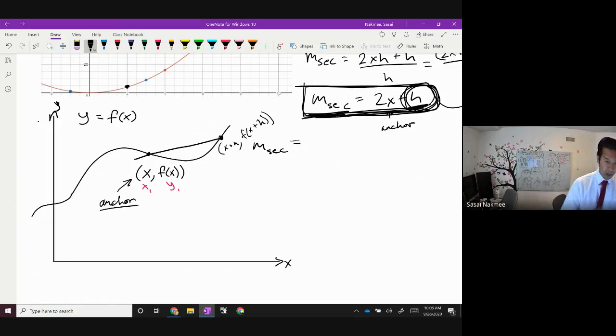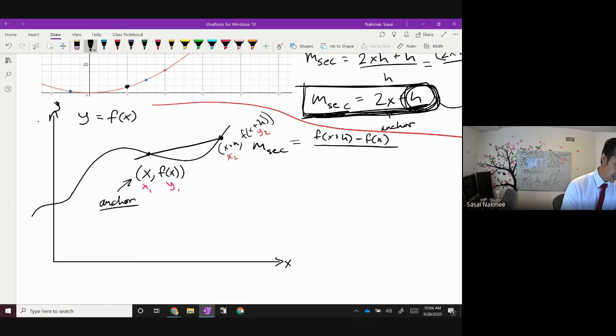So how do I calculate the slope of the secant line? Well, again, it's just going to be my x2 and my y2 right here. So the slope of this is going to be equal to y2, which is f of x plus h, minus y1, which is f of x, divided by x plus h minus x.